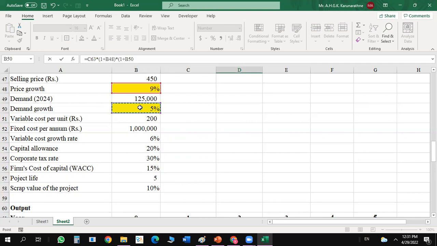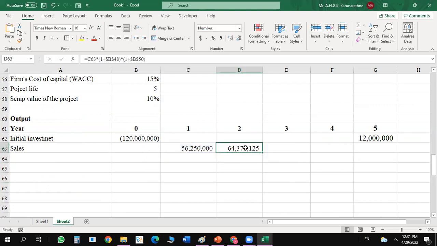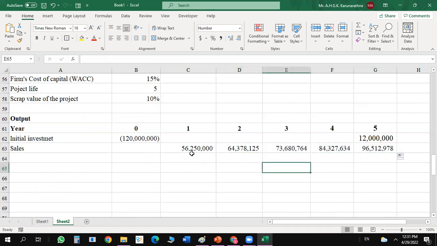Make it fixed. This also should be made fixed. So these are the respective sales for the next 5 years.